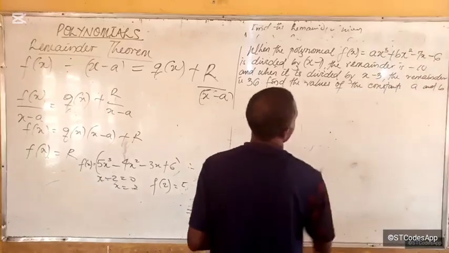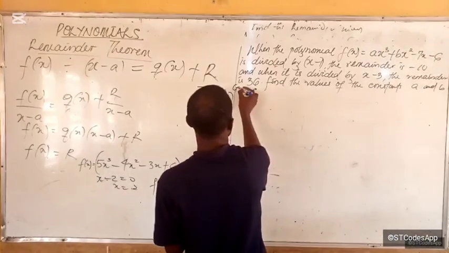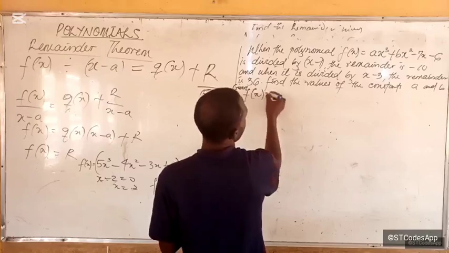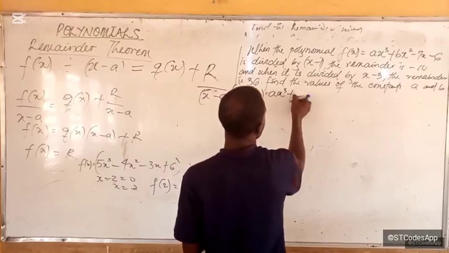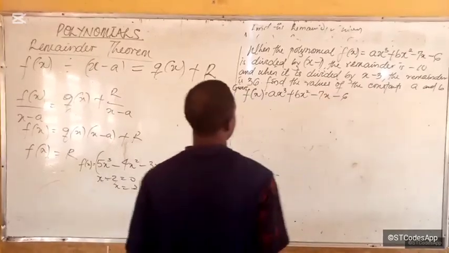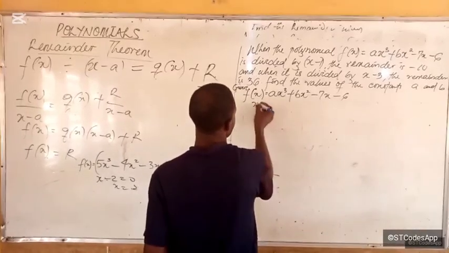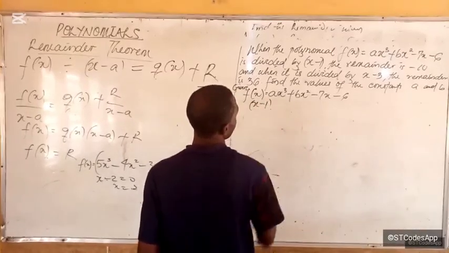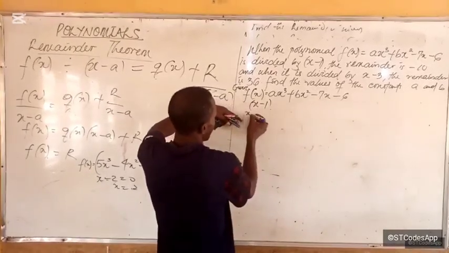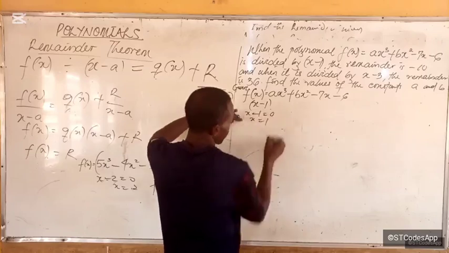So given that f of x is ax raised to power 3 plus bx squared minus 7x minus 6 is divided by x minus 1. This is the divisor. The remainder is minus 10. So what do we do? Let's equate this to 0. x minus 1 equals 0. So x equals 1. Is that okay?